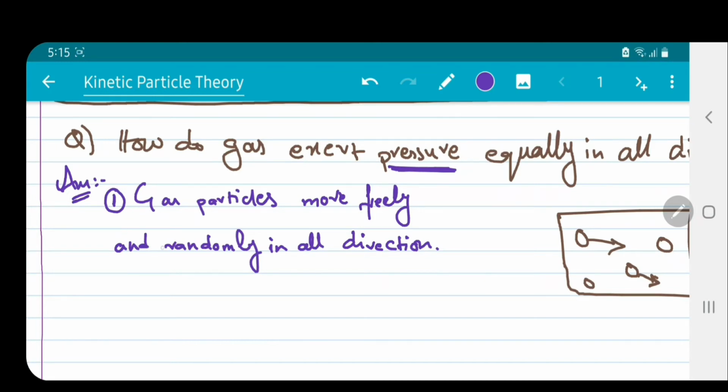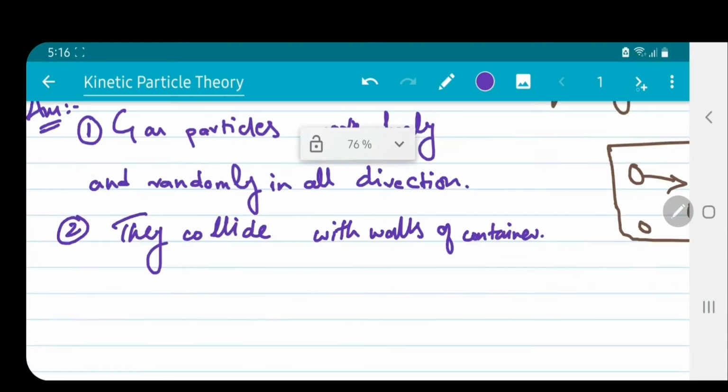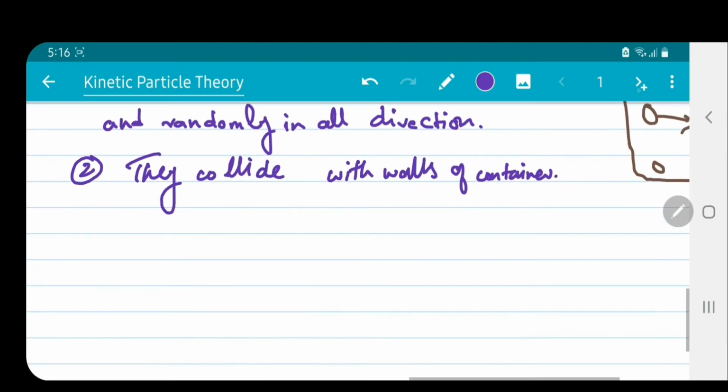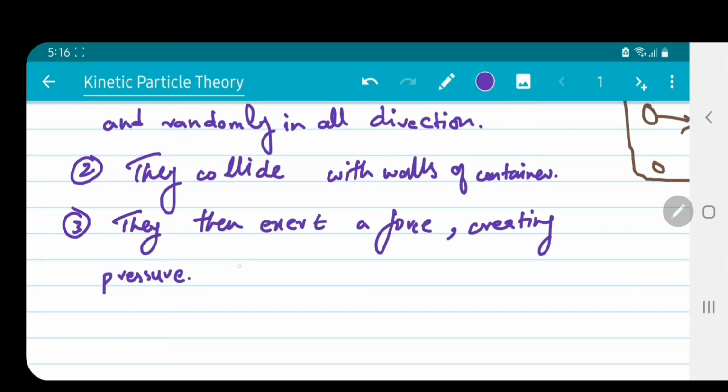So keeping that in mind, we have to write the answer. Our first point is gas particles move freely and randomly in all directions. The second point would be they collide with the walls of the container. It's actually the explanation of the first point: as they move randomly in all directions, consequently they collide with the walls of the container. And the third point would be they exert a force, creating a pressure.